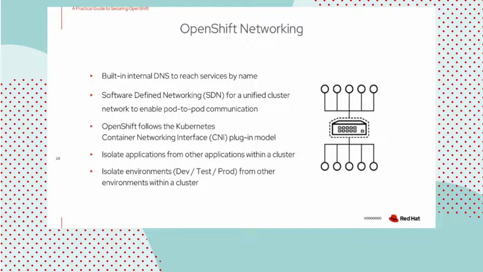And so the networking layer in OpenShift is secure. We support multiple networking plugins like OpenShift SDN, OVN-Kubernetes, Calico, NCP, Cisco ACI, Cilium, Kuryr, Antrea, and a whole bunch of others. And all aspects of the network are secure, the east-west and the north-south.